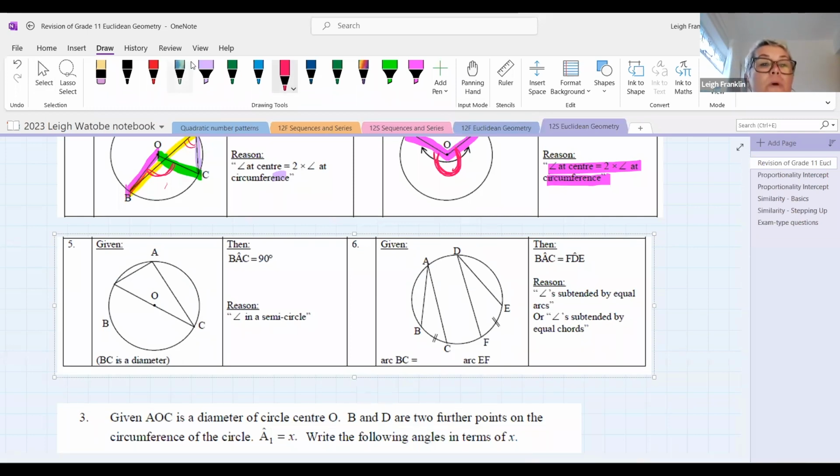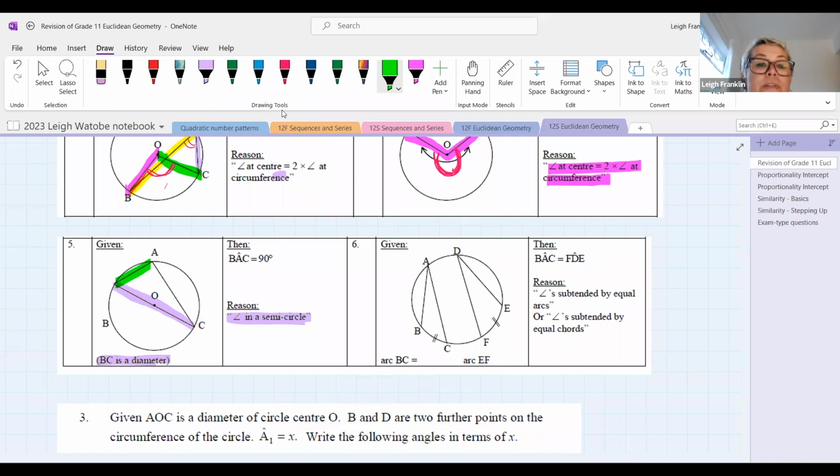And then just the last one that I want to go over here before we do this question is angle in a semicircle. We have that when we have been given that a line is a diameter. So in this case, we have been given that this line over here is a diameter. That means that it subtends, or creates, or supports a right angle at the circumference.